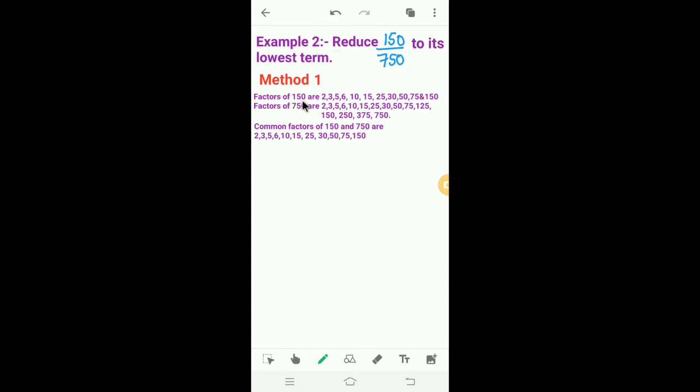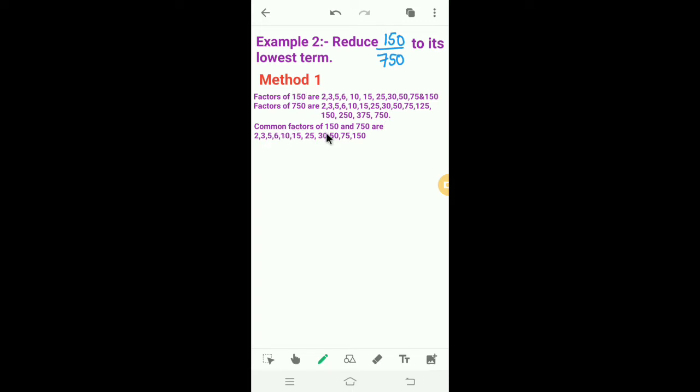Factors of 150 are 2, 3, 5, 6, 10, 15, 25, 30, 50, 75 and 150. Factors of 750 are 2, 3, 5, 6, 10, 15, 25, 30, 50, 75, 125, 150, 250, 375 and 750.